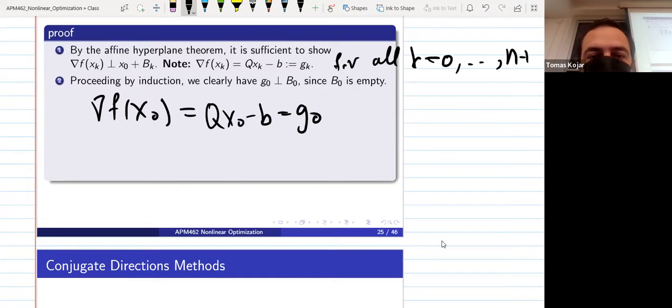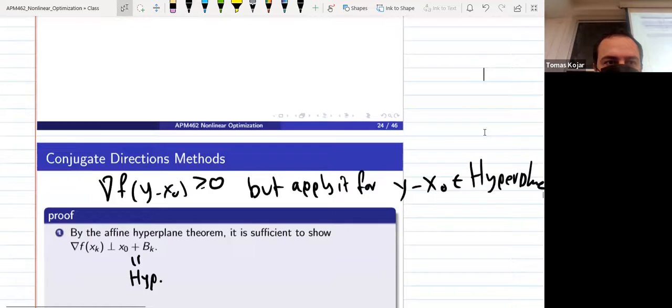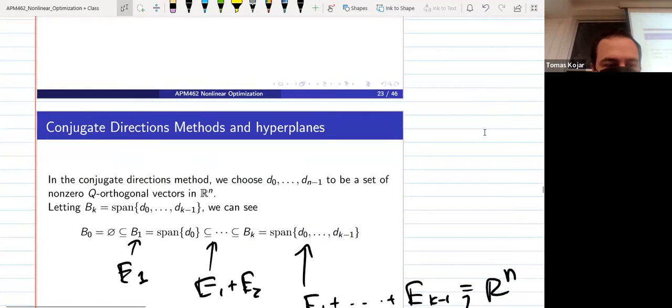And we're asking for this guy to be normal to B0. But by definition, we had this to be empty. So it's kind of stupid, but it is what it is. All right.